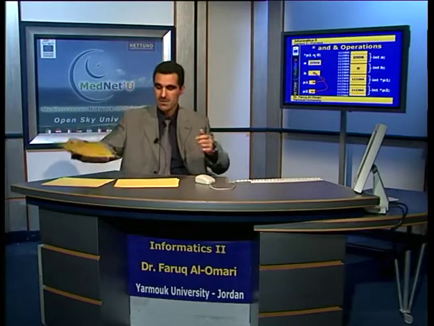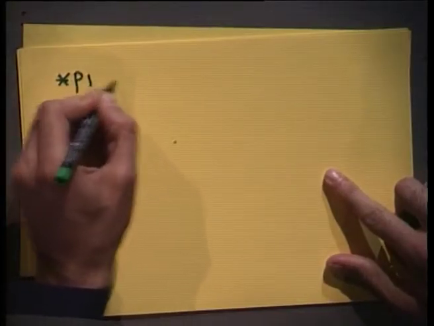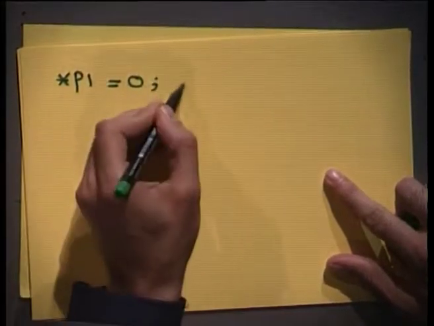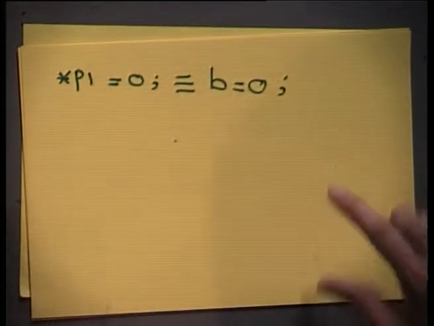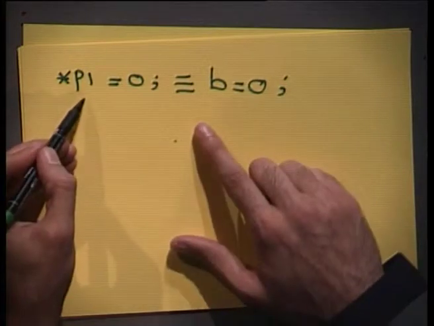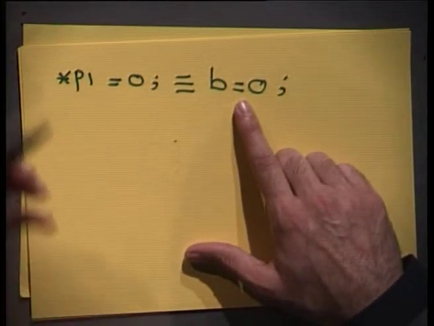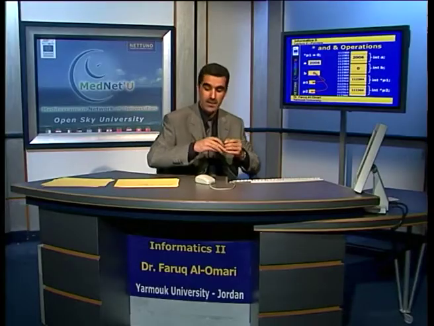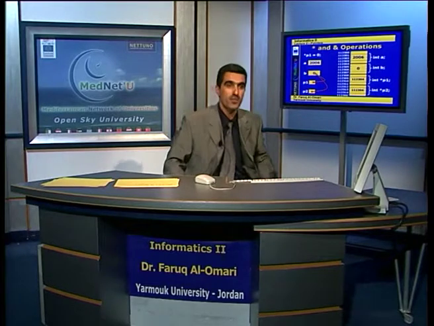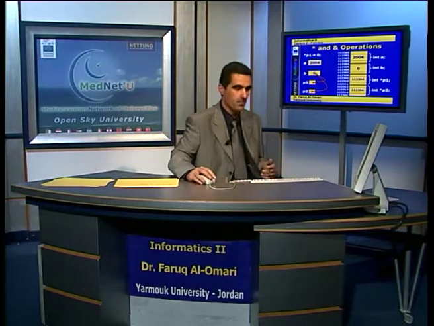So this statement, if you like, saying asterisk P1 equals to 0, this is actually equivalent to saying b equals to 0. Because we have already made P1 to point to B from the previous slide. So saying this is equivalent to saying this, putting a 0 in the location pointed by pointer P1, and that's actually the variable B.